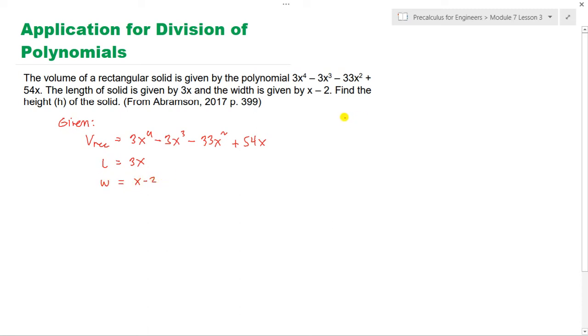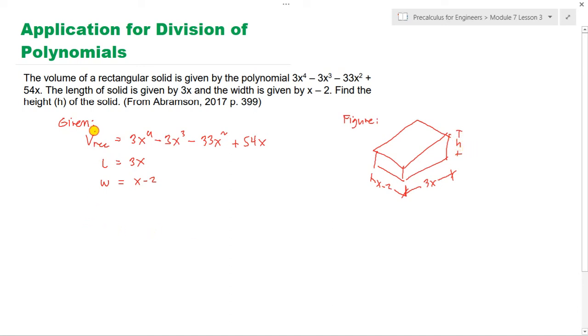So if we're going to illustrate this one, a rectangular solid is nga ni siya form. So naatay length, that is 3x, and then we have width of x minus 2, and then we're going to find the height h in terms of x.